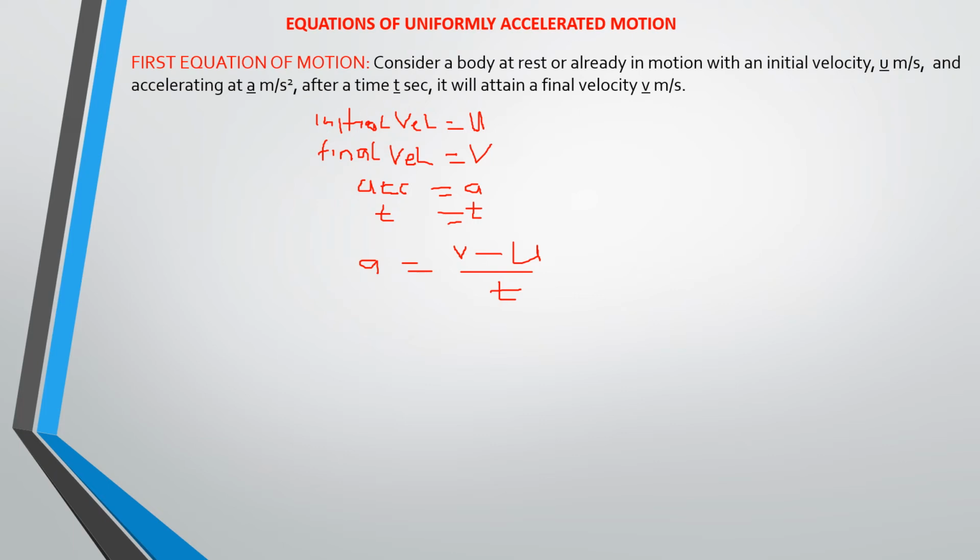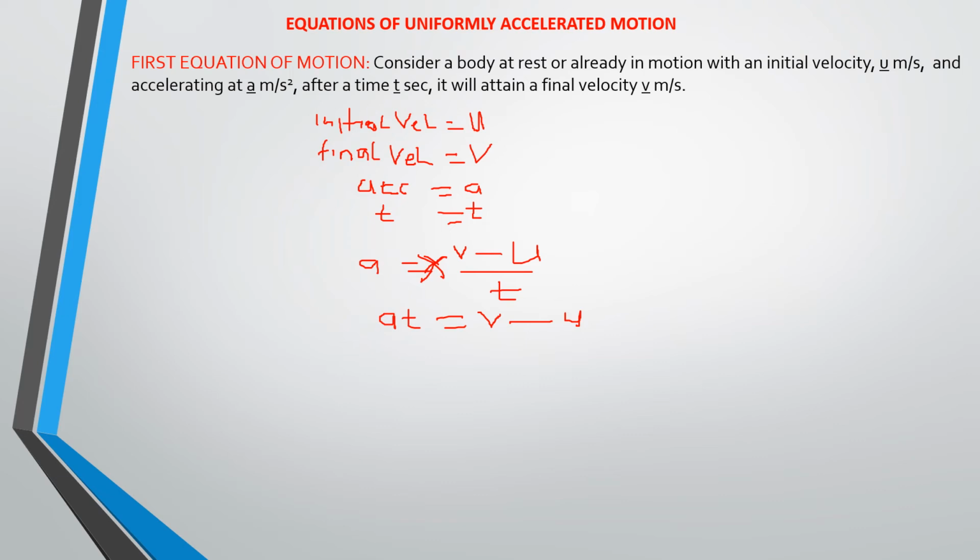With this in mind, you can do cross multiplication. If you cross multiply this, you are going to have at equals v minus u.